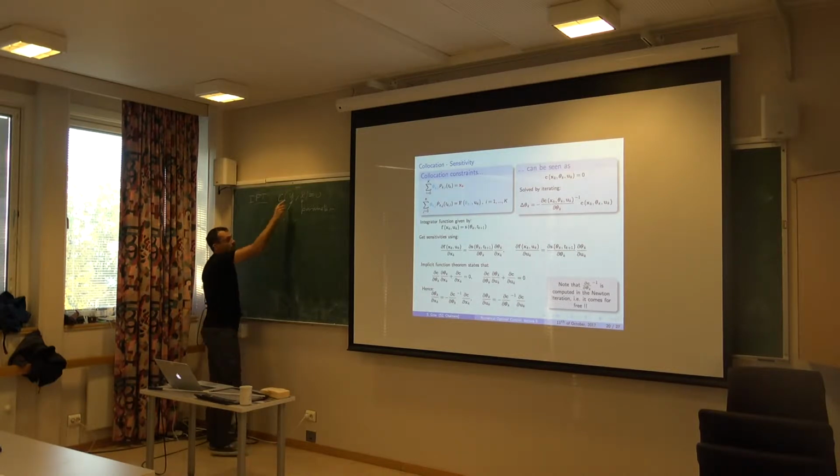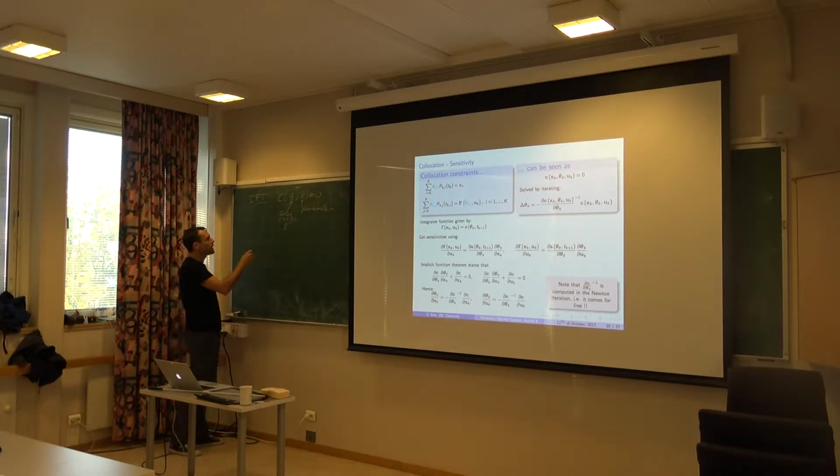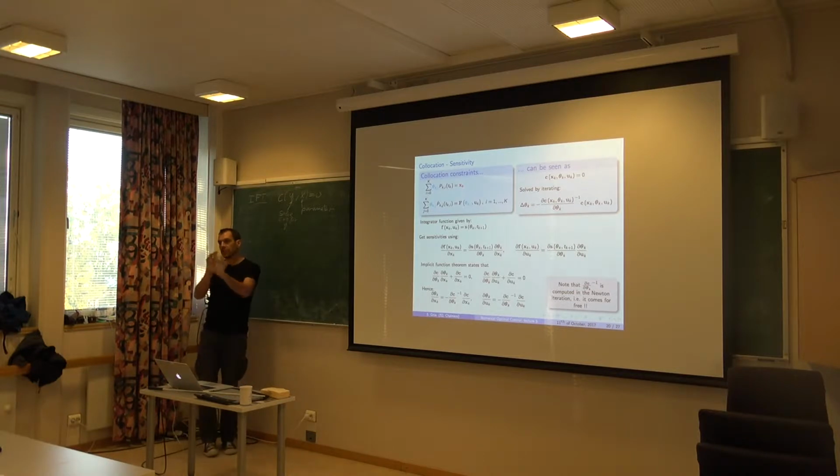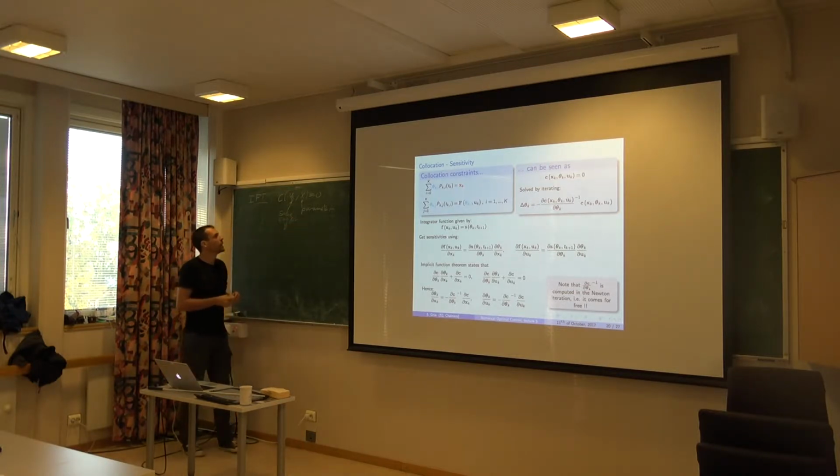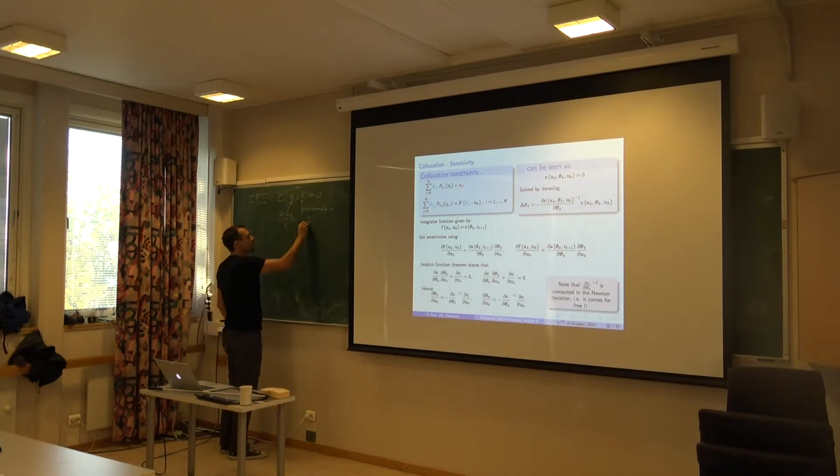And typically you would deploy Newton on y to find its value. So if you were to change the parameter x, y would change accordingly, so Newton would take a few steps to get c equals 0. So in that sense, you could think of y as a function of x.